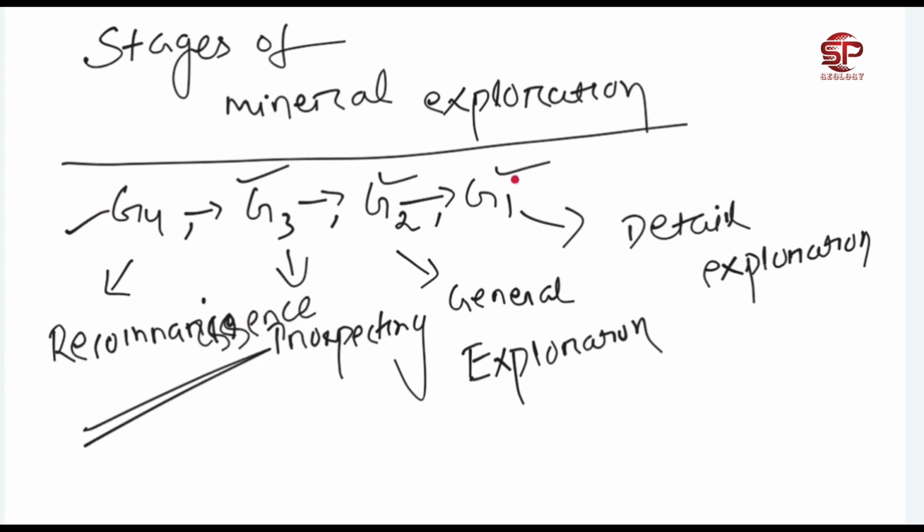G4, G3, G2, G1. First is the reconnaissance survey. Reconnaissance is the first stage. It is the grassroots stage of exploration. For a reconnaissance survey, you have to acquire a lease or a permission for the area. That is called a reconnaissance permit or reconnaissance license.